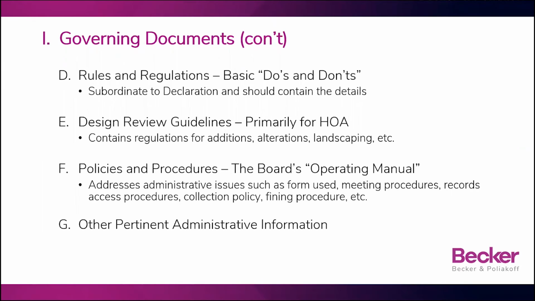So it's important to very carefully read your documents to see what rulemaking authority is given to the board, because I see a surprising number of documents that only give the board rulemaking authority as to the common property, not to the homes or the units. So, if you don't have that authority, you don't pass go, you don't collect $200, you don't go to the next issue, because you lack the authority to adopt rules regarding unit use.